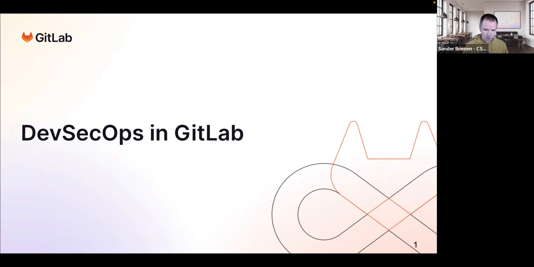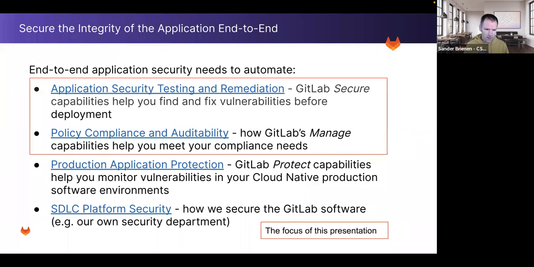First of all, what are we going to cover today? If we look at DevSecOps, DevSecOps is about adding security to your DevOps teams. So, in fact, making sure that security is as close to your development and operations teams as possible. And with end-to-end application security, you need a few things to automate.